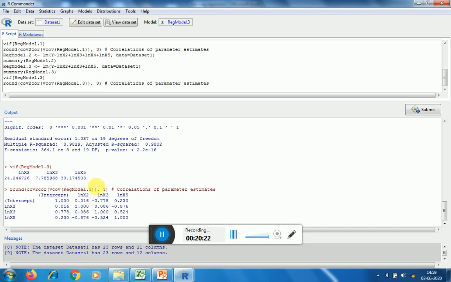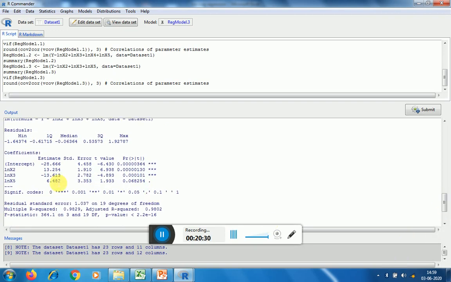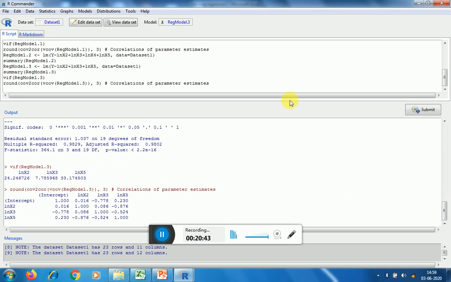It is a variable of concern, and that is why we should eliminate this x5 again, because even though x5 seems to be significant, the probability associated with it is comparatively higher. So we will now eliminate this x5 as well, even though the various conditions are fulfilled with regard to goodness of fit.